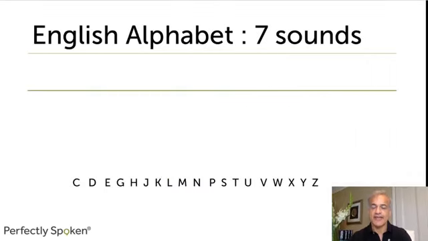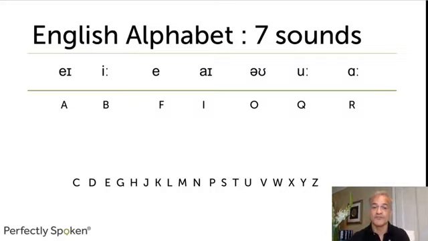Next, looking at the alphabet. Vowels: A, E, I, O, U, and R. And some example letters: A, B, F, I, O, Q, R. Now, you need to put the rest of the letters in the correct columns.